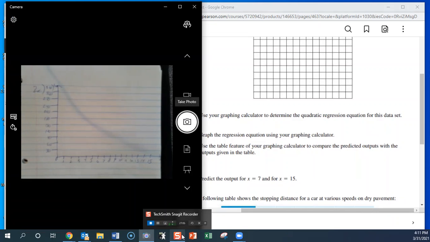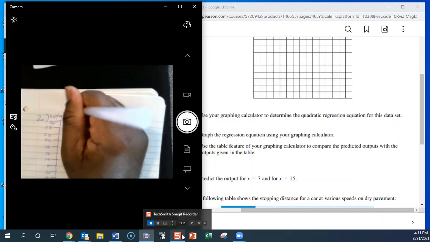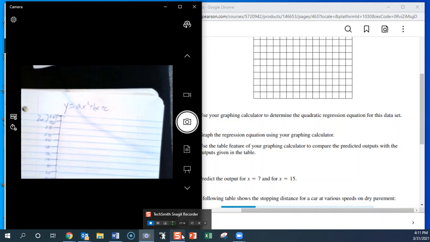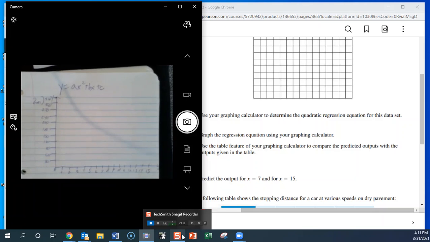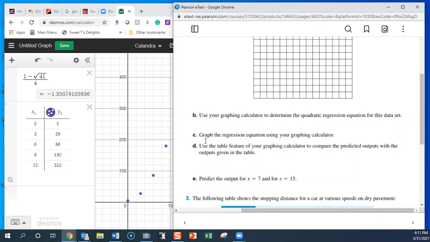Remember, the equation for the quadratic is y equals ax squared plus bx plus c. So we need to use this equation in order to get our quadratic regression model.